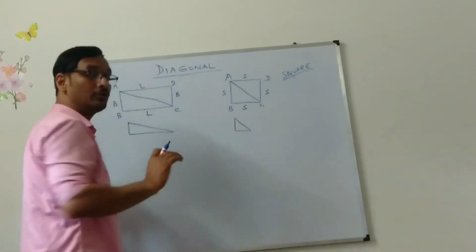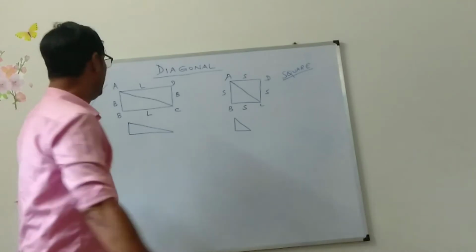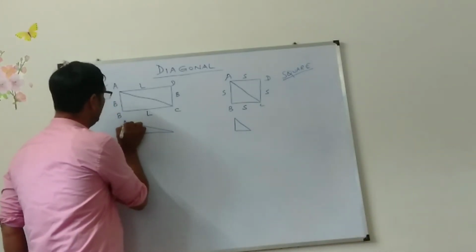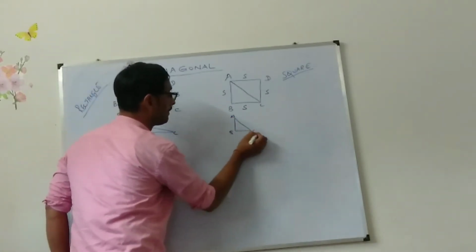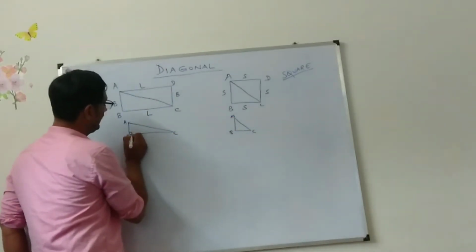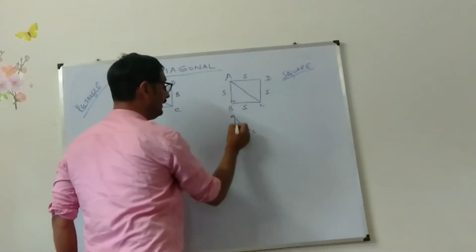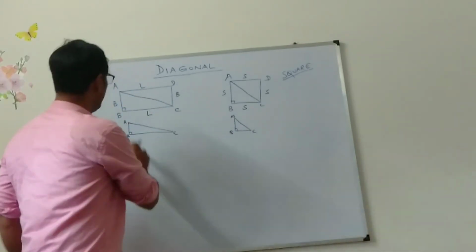So now it looks like this. This looks like a right angle triangle. Over here it is 90 degrees. The same thing I have noted down.